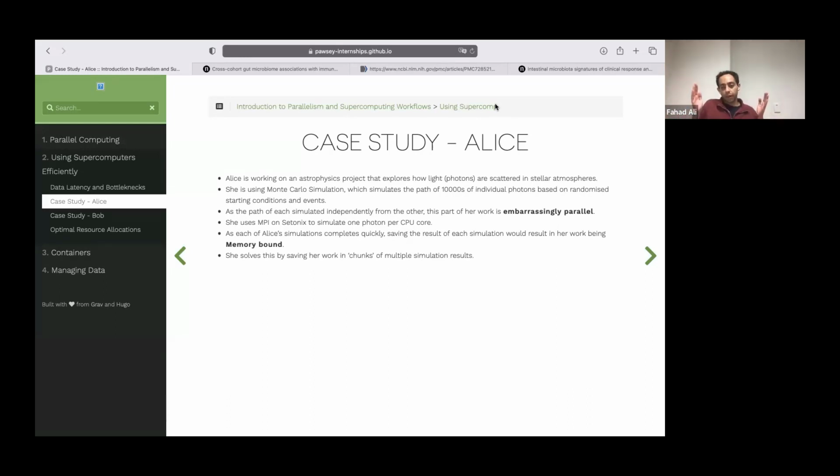Remember, embarrassingly parallel means that these tasks don't need to talk to each other. Each photon is being simulated independently, so they don't need to check in with one another. They can just go forward by themselves. That's embarrassingly parallel. So Alice would use MPI on Photonics to simulate one photon per CPU core.